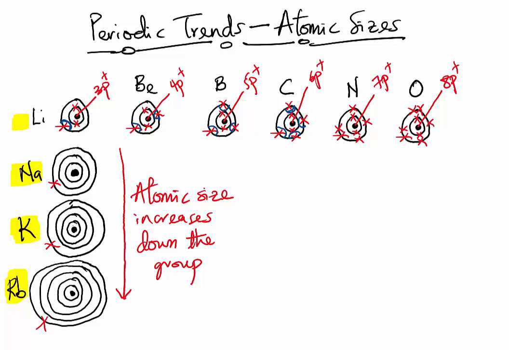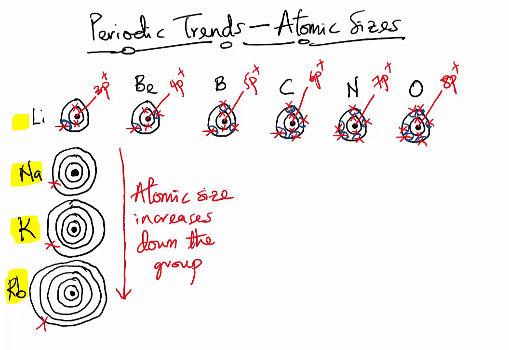In nitrogen, 7 protons will be pulling on the 5 electrons in energy level number 2, and in oxygen, 8 protons will be pulling on the 6 electrons in energy level number 2.